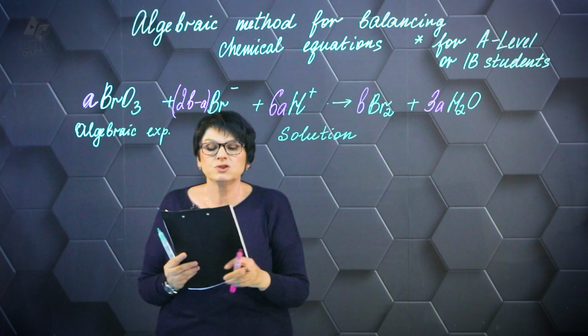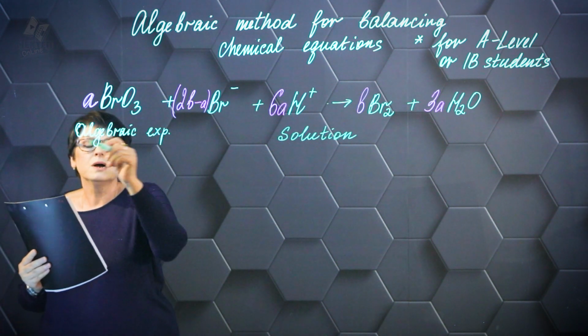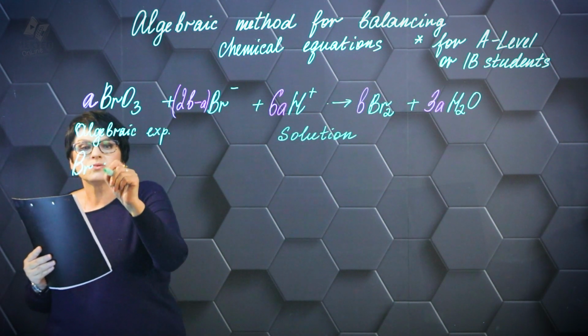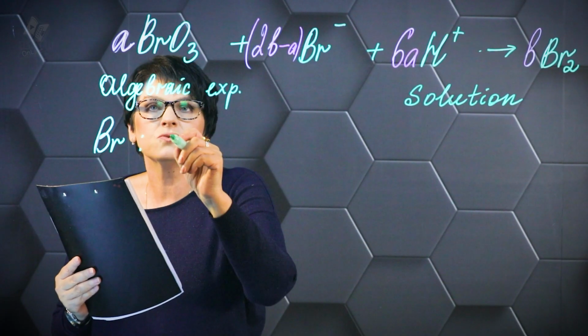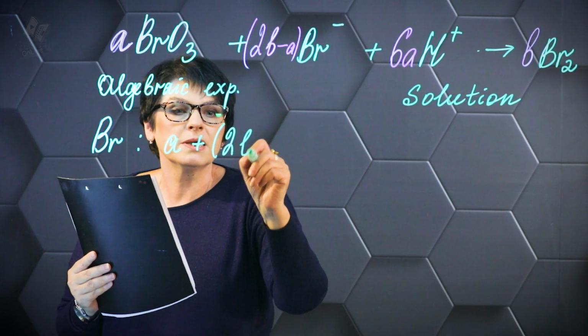And now, as usual, we're building a mathematical pattern. So for the element bromine, we have on the left-hand side A plus 2B minus A, and on the right-hand side we've got 2B.